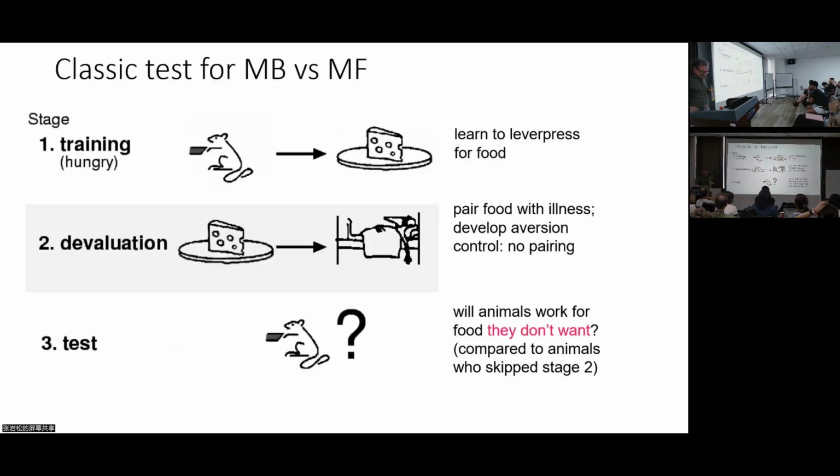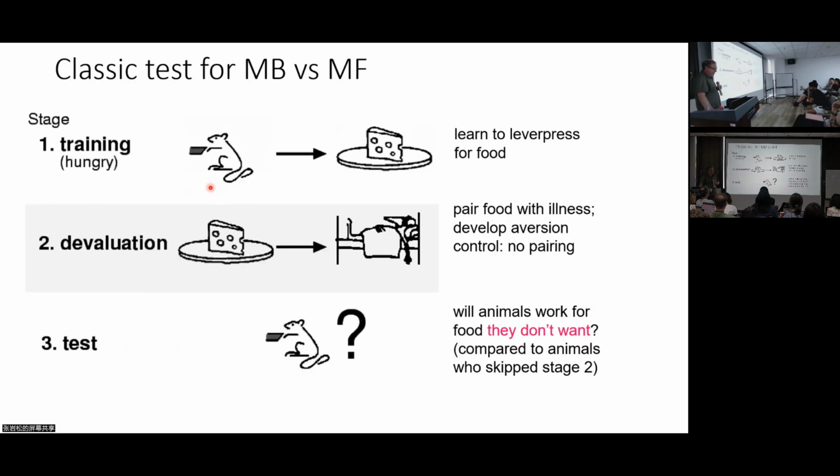So here's the actual experiment. This is a classic experiment. In some ways, it goes back to Tolman in the 50s, but this is a version that was popularized by Tony Dickinson and then Bernard Balleine, and they've done this lots and lots of times with rodents and sometimes other organisms. The basic experiment works like this. I'm going to switch to pointing on the screen.